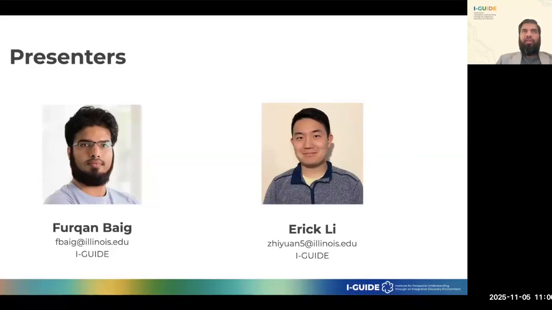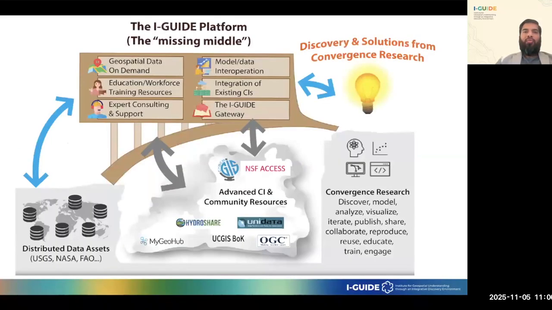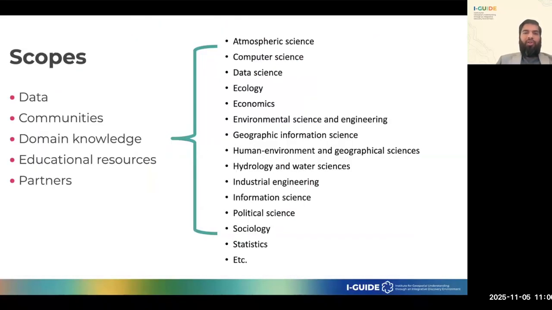So just briefly, to revise our thoughts about what the iGuide platform is. The iGuide platform tries to combine together multiple science and educational domains from many sciences, including atmospheric, computer, and data science.